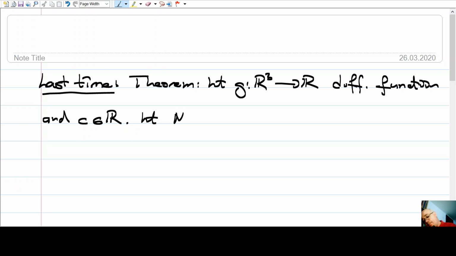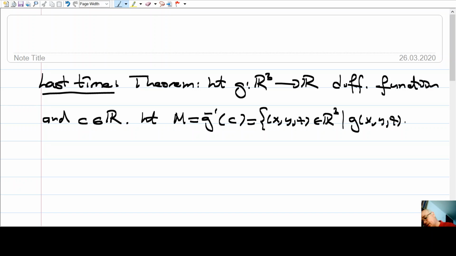Let M be the inverse image of C. So this consists of triples x, y, z in R3 so that G of x, y, z is equal to C.